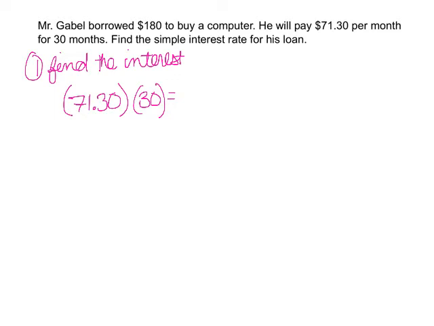So $71.30 times 30 gives me $2,139. So he paid a total of $2,139 after all 30 months. But I still don't know the interest that he paid. So to find that interest, I'm going to take that $2,139 and I'm going to subtract that from that 180.